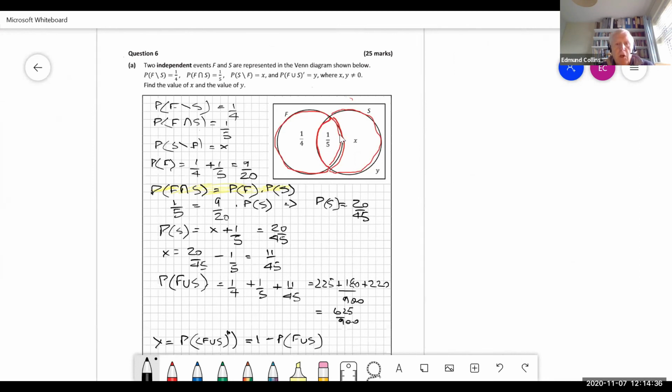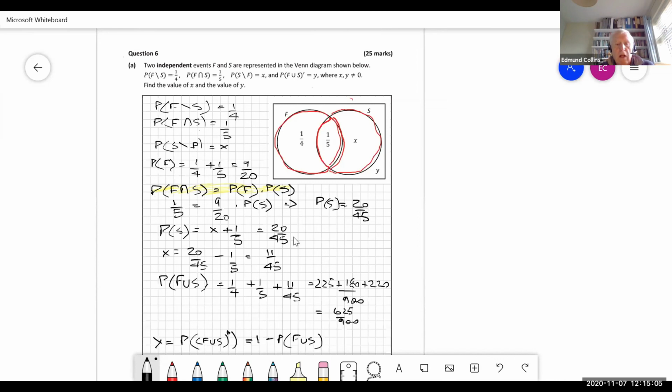A fair question, but it did bring quite a bit in terms of the understanding of F not S and so on, the F and S, the probability of those, the probability of S not F, bringing it all together, and particularly this rule here, the probability of F and S equals the probability of F multiplied by S. That was a key one.